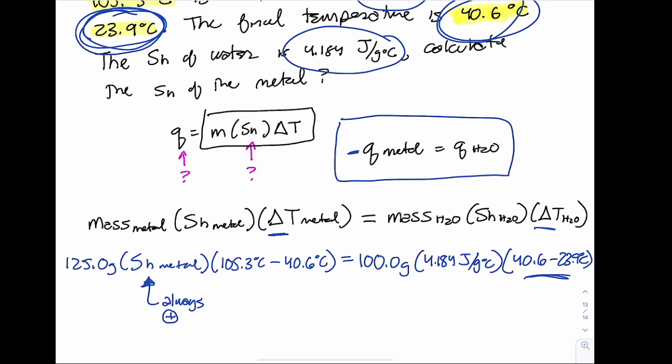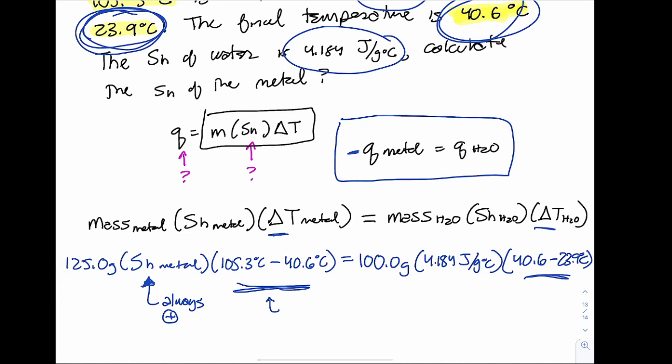If that's confusing as to why I'm switching this order, then by all means, do it the right way. Just make sure that you have that negative value at the beginning. If I don't have that negative there, and this is in the other order, my sign is going to come out incorrectly.